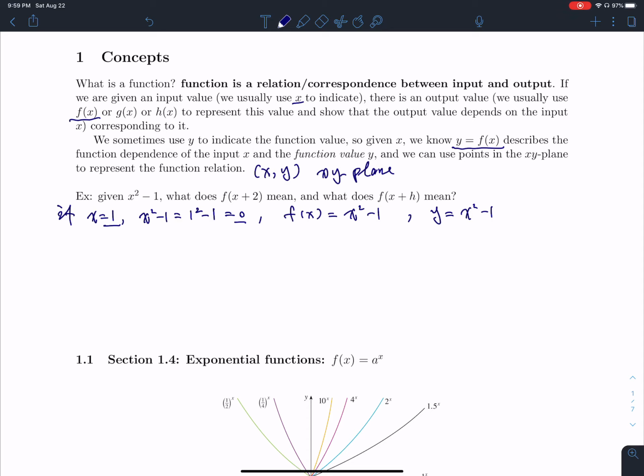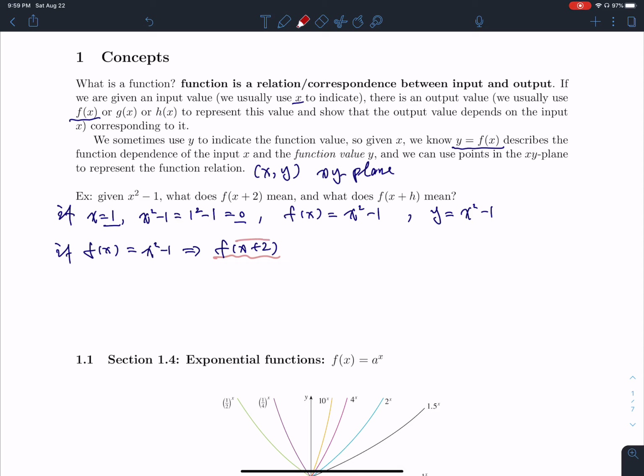Along the line, let's discuss a little bit more about this abstract representation of the function. If we keep f of x to be x squared minus 1, what will happen if we change the input a little bit? We change the input from x itself to x plus 2. So what does this notation mean? This notation means we'll keep the function relationship f of x, but the input will be slightly different.